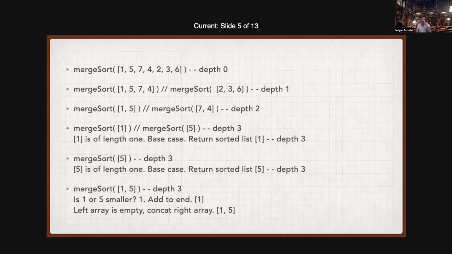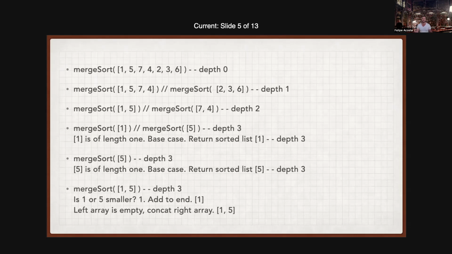So you see here initially the function receives an unsorted list. It breaks it down in halves, and then it keeps going until it breaks it down into one element per list. Then it's going to compare those single element lists to one another and ask the question, hey, is this number smaller than this number?